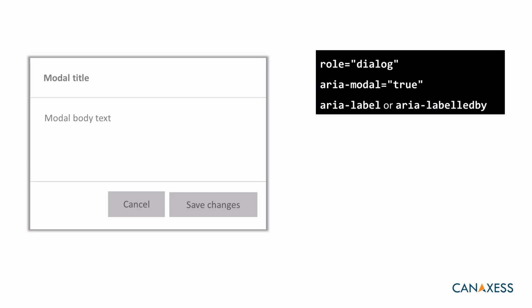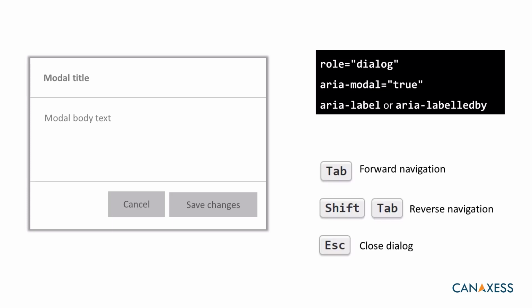The container has the ARIA modal attribute set to true, and it has labeling, either using ARIA label or ARIA labeled by pointing to a visible heading. Keyboard behavior uses tab and shift tab to navigate around the dialog and cycle through all visible interactive elements on the dialog, with the escape key closing the dialog. Pretty common behavior which we've come to expect from a dialog.